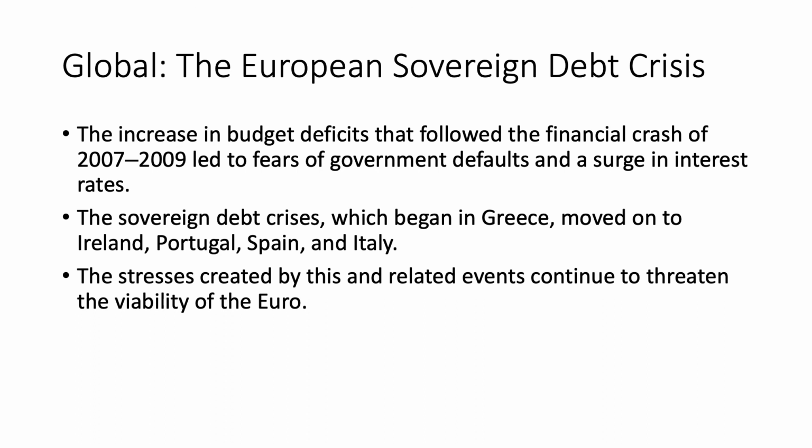This led to fears of government defaults and a surge in interest rates, which led to the precipice of a sovereign debt crisis for many countries in Europe. It began in Greece, it moved to Ireland, Portugal, Spain, and Italy were also notorious in this regard, having budget deficits that were astronomical.